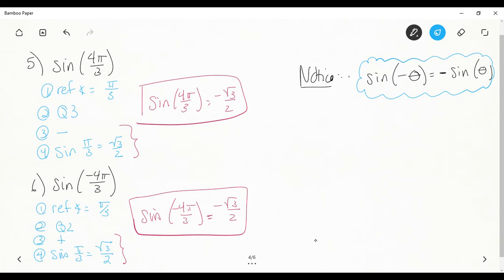Definitely worth noting. This happens because sine is an odd function. And we'll discuss more of that in another week or so.